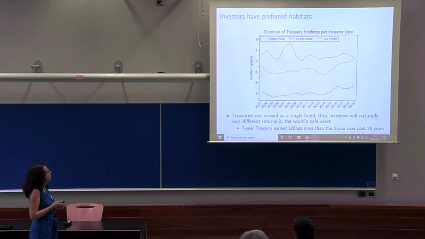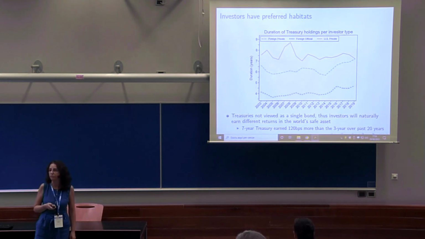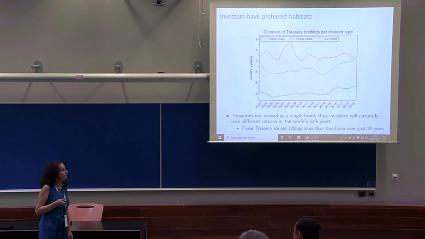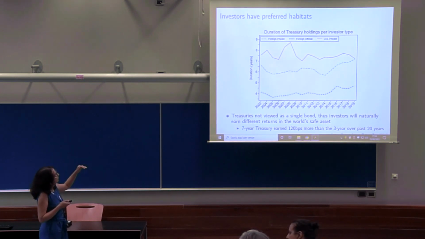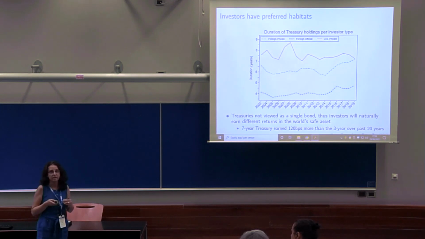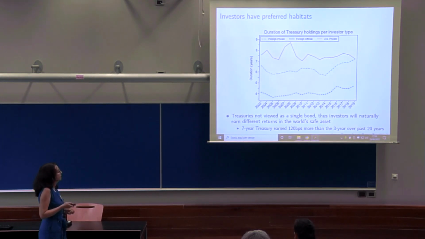US investors hold the longest duration portfolio. On average, the duration is 7.3 years, compared with 4.3 for foreign officials. So quite a sizable gap there. Treasuries are not viewed as a single bond.